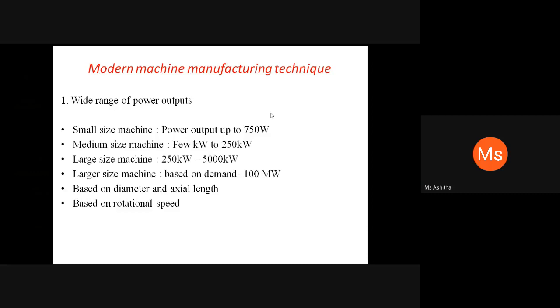Some medium sized machines also have a speed range of 2000 to 2500 rpm. So this classification is based on the power output and the size of the machine.